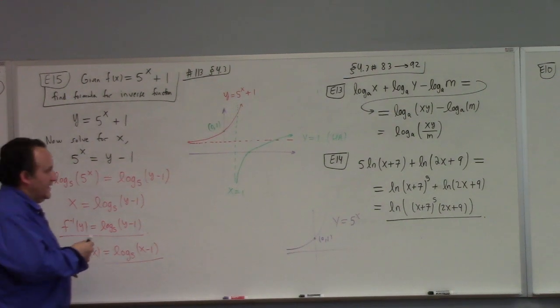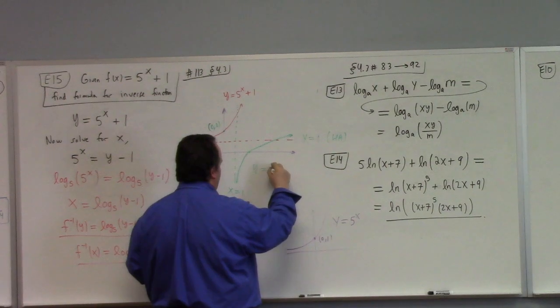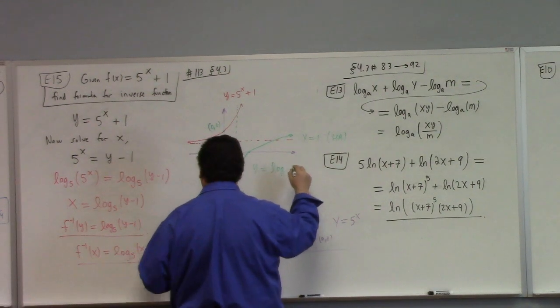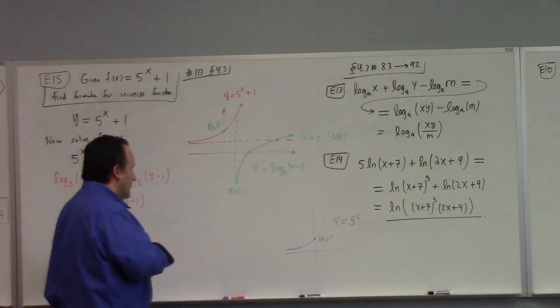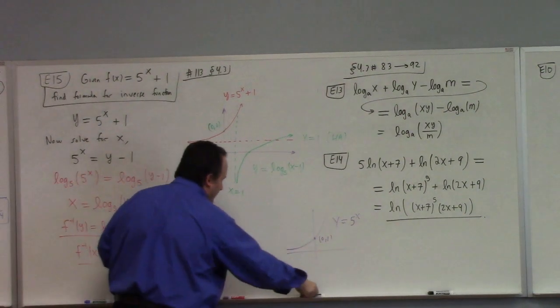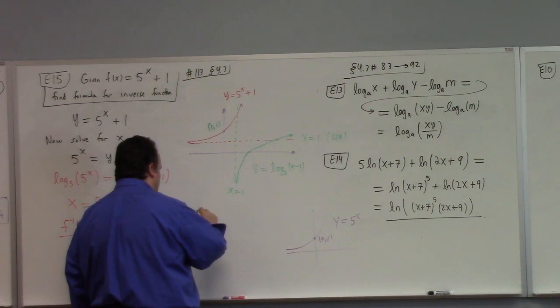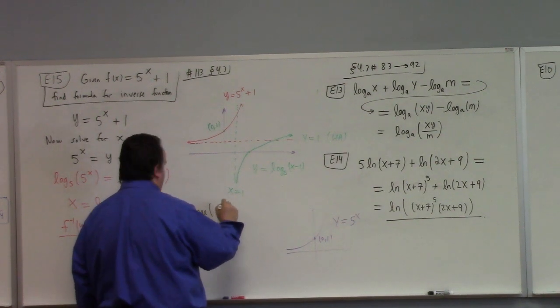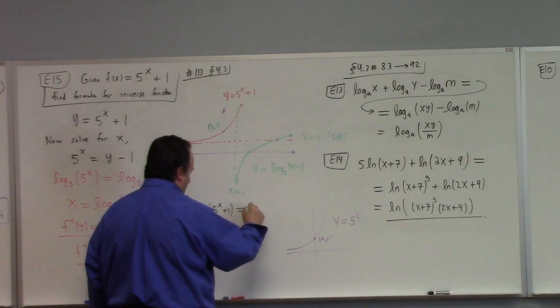And so there you're looking at the graph y equals f inverse of x, which in this case is log base 5 of x minus 1. Let's talk about domain and range. What's the range of 5 to the x plus 1? It's 1 to infinity.